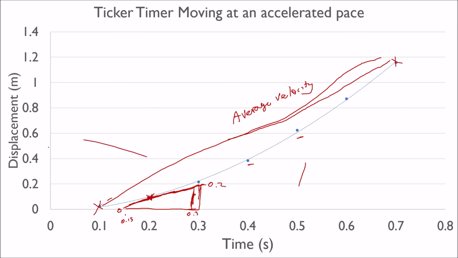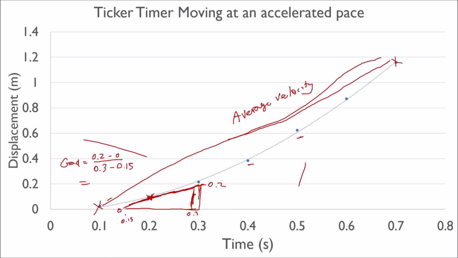So at 0.2 seconds, if I use the gradient formula, it will be y2 minus y1, so our y2 is 0.2, and our time is 0.3 minus 0.15.